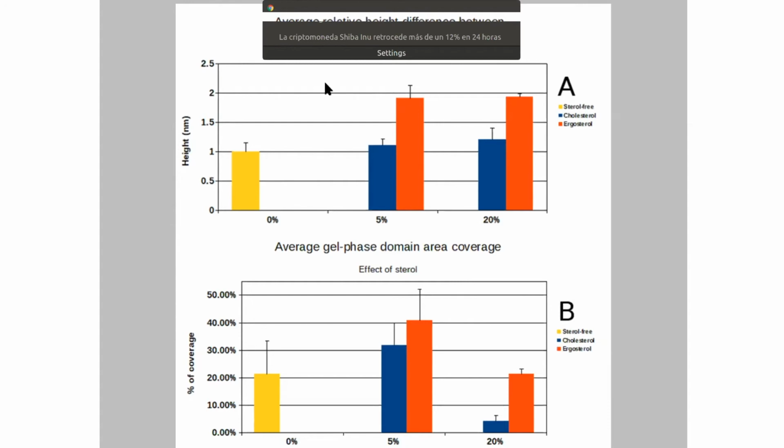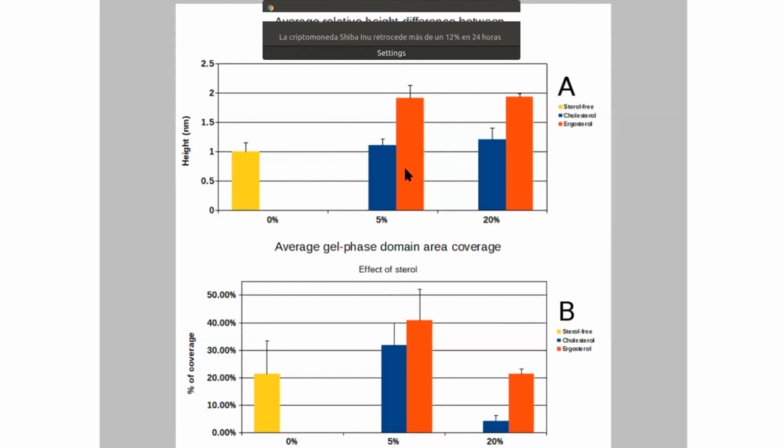But this is one thing we found very interesting, because the width of the bilayer is affected very much by the amount of sterol and the differences between cholesterol and ergosterol. So ergosterol produces a membrane, and this is a mixture of sphingomyelin and POPC.